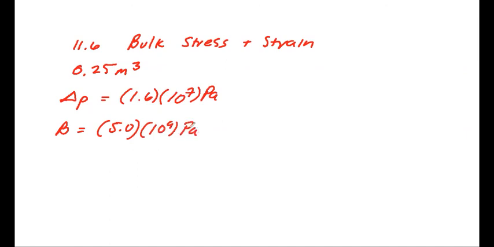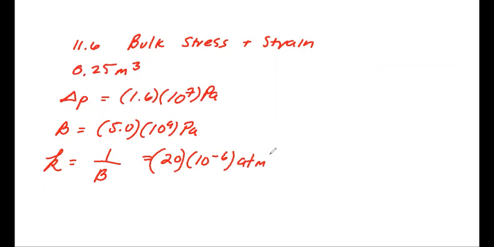Okay, and its compressibility is K equals 1 over B, which, they solved this, this is pretty great, is going to equal 20 times 10 to the negative 6 atm to the negative 1.